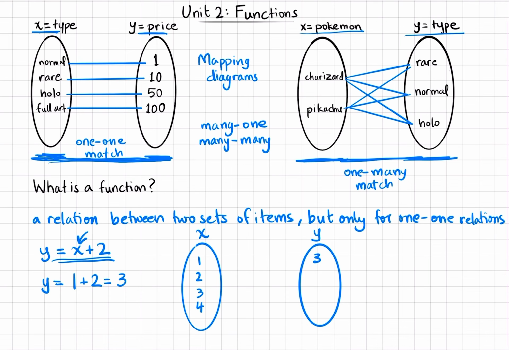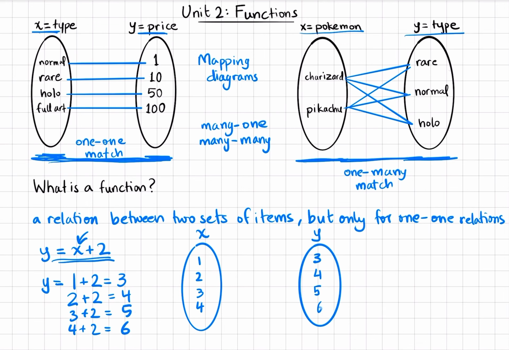If x is 2, then y equals 2 plus 2, which equals 4. Okay, if x is 3, then it's 3 plus 2, so y is 5. And if x is 4, then y is 4 plus 2, which is, you guessed it, it's 6.